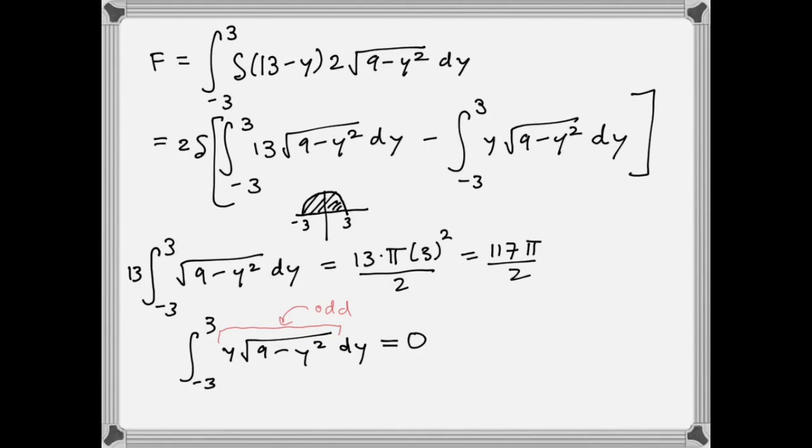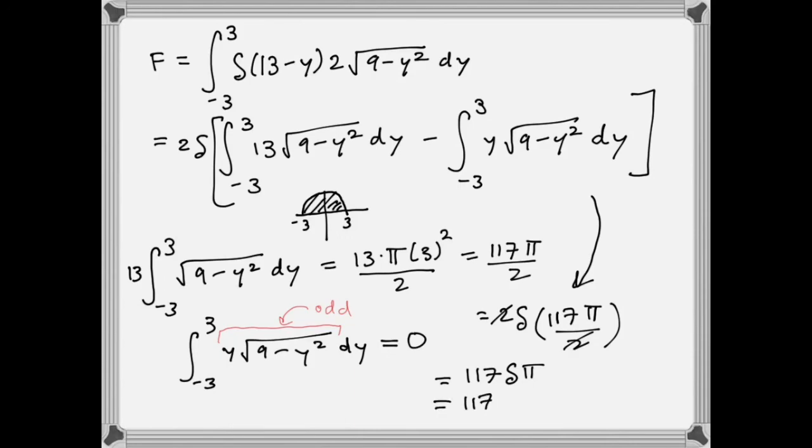So, putting these two things together, this means that we get 2 delta times 117 pi over 2. Cross those off, and we actually get 117 delta pi. But remember, in this case, delta is 62.5 because everything was in feet, wasn't it?